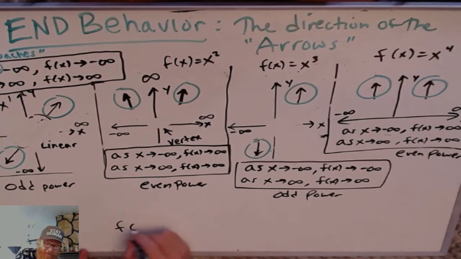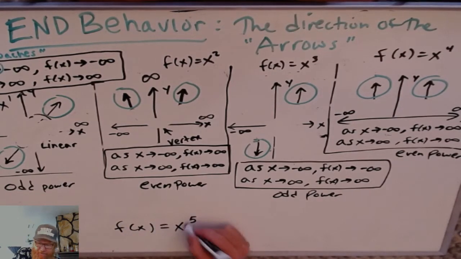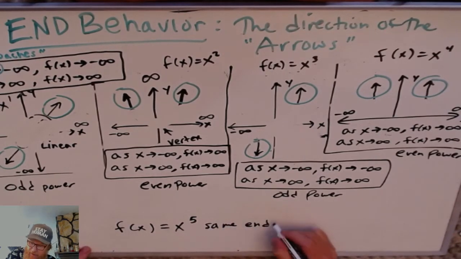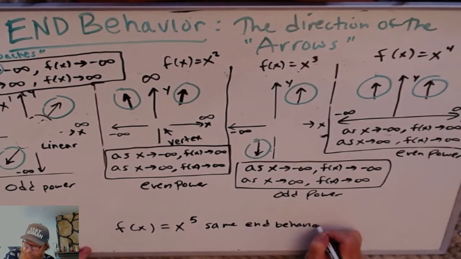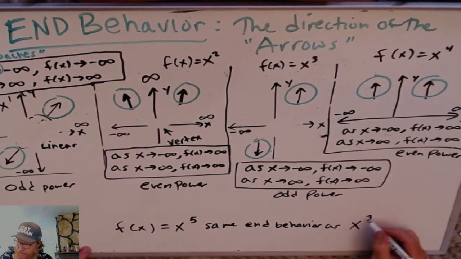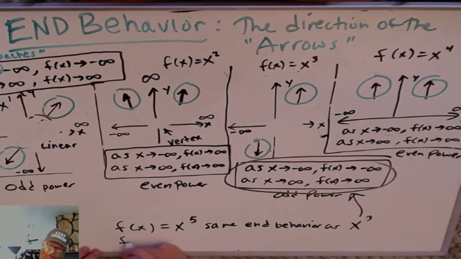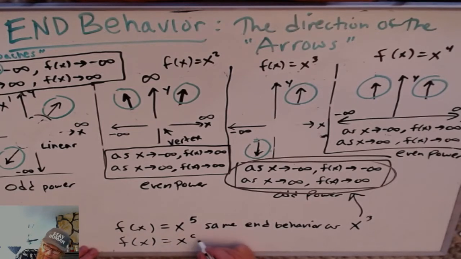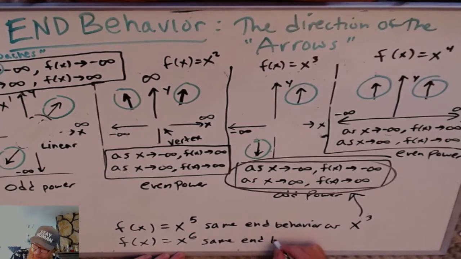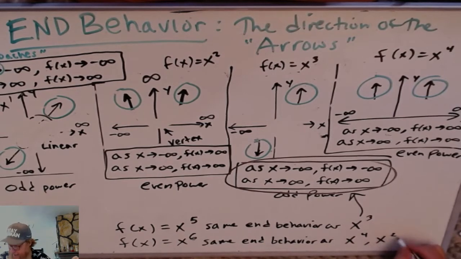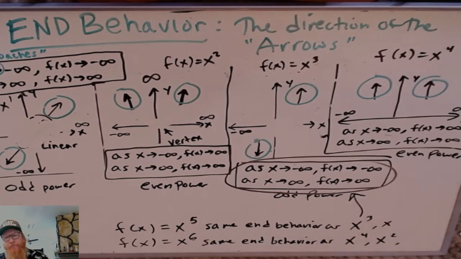If you said f of x was x to the 5th, it would be the same end behavior as x to the 3rd, which we just did right here, or the same as x. And then if you want to go higher, x to the 6th, well, that's an even power, so that would be the same end behavior as x to the 4th and x to the 2nd, and so on and so forth.